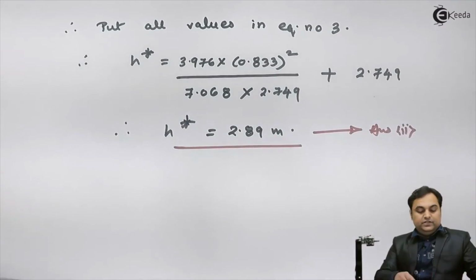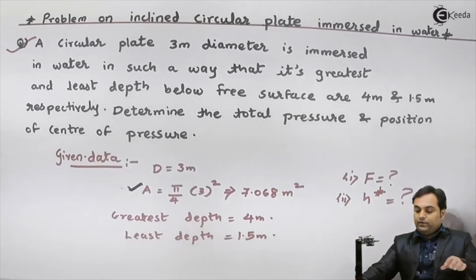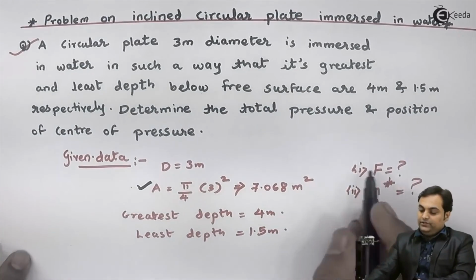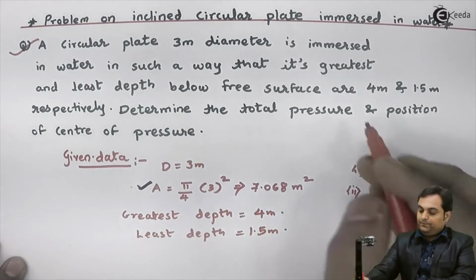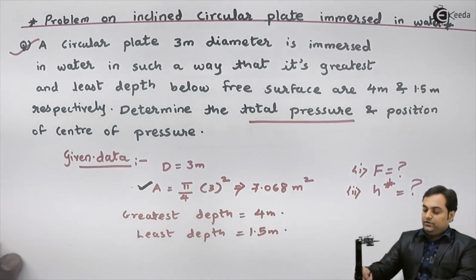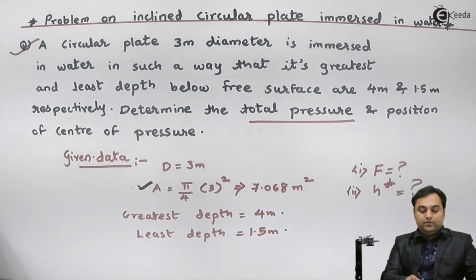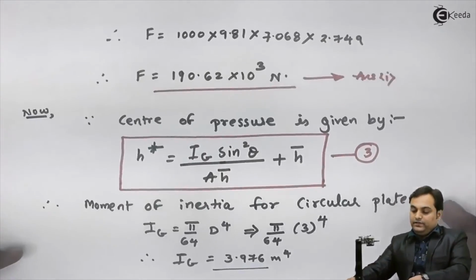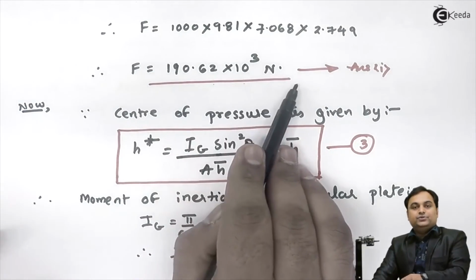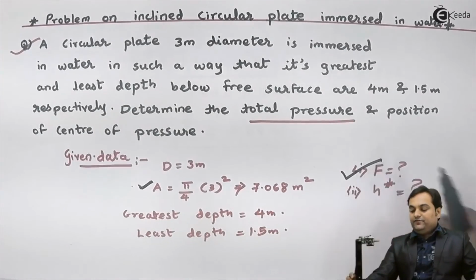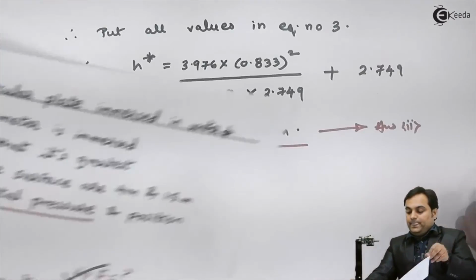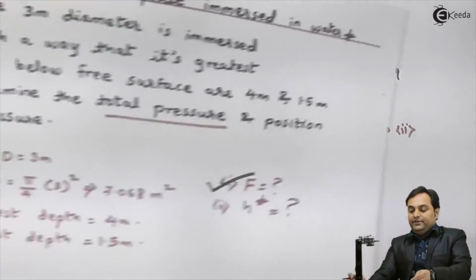Now if we see in this problem, there were two questions. First, to calculate the total pressure. That total pressure is nothing but hydrostatic force. We have found out the value in answer number 1. That is, hydrostatic force was 190.62 into 10 raised to 3 Newton. Next was H star. H star value is 2.89 meter.